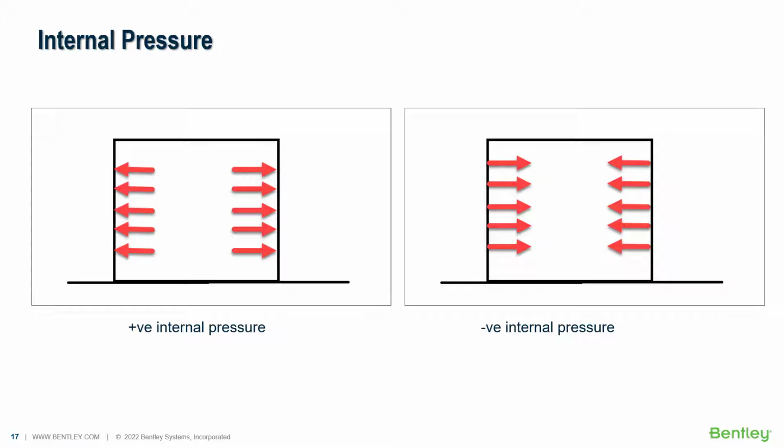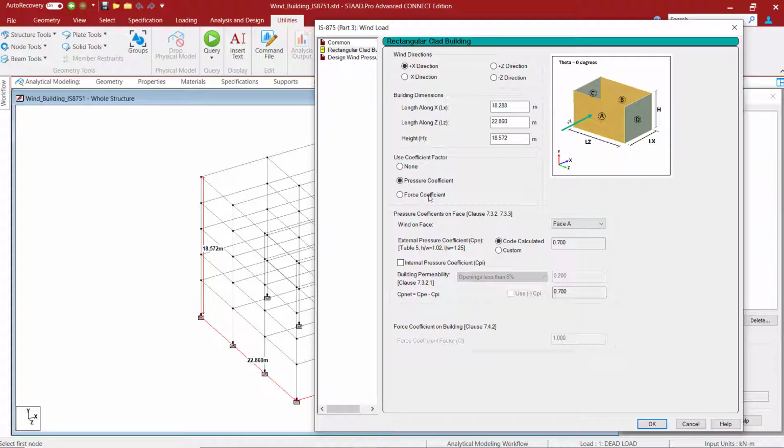Now let's take a look at the STAAD.Pro GUI for this implementation. Let's select the pressure coefficient option here, and pressure coefficients as per clause 7.3.2 and 7.3.3. For wind on face A, if you select face A, which is our windward face, the value of external pressure coefficient is 0.7.